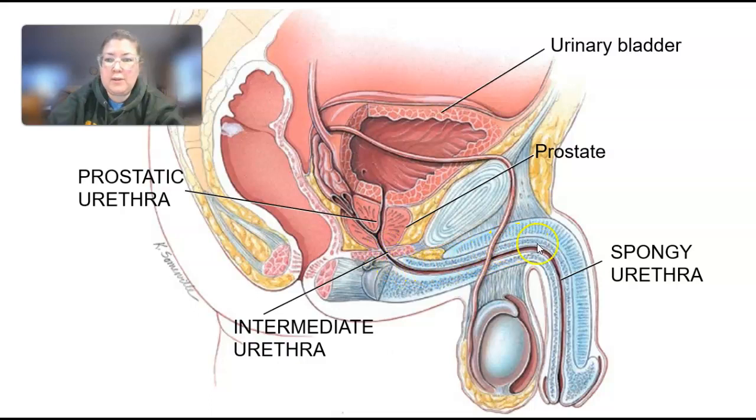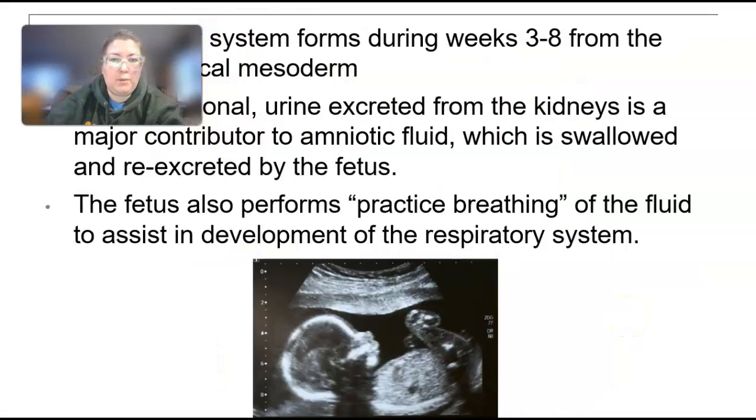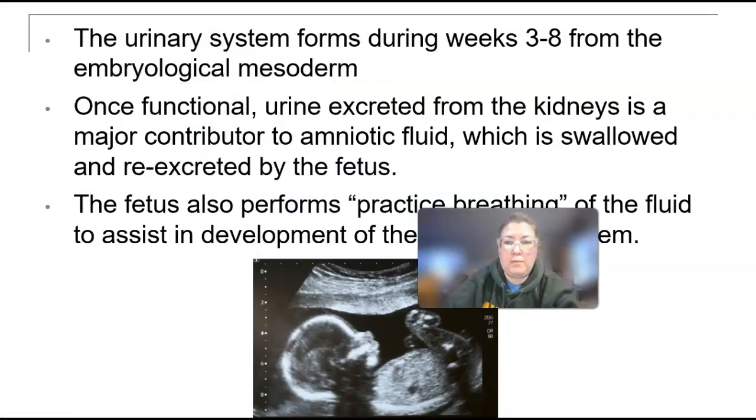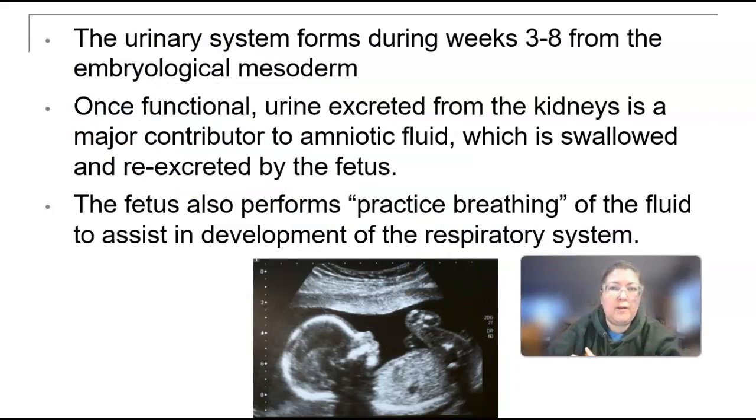And then all the way down the spongy urethra to the external urethral orifice. So the sponginess is in reference to this erectile tissue that will help keep the urethra open. And we'll talk a lot more about the functioning of the urethra for the reproductive system in Unit 10.